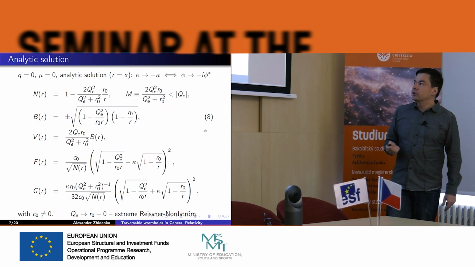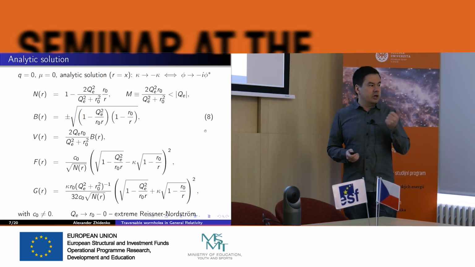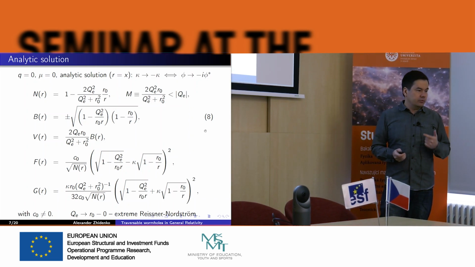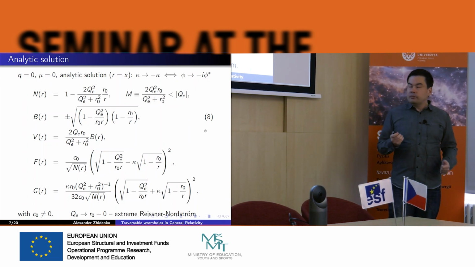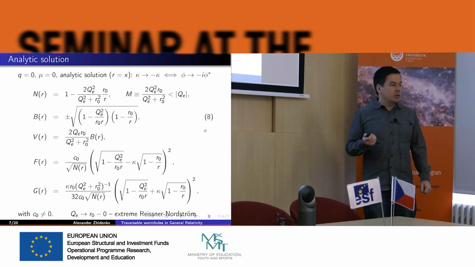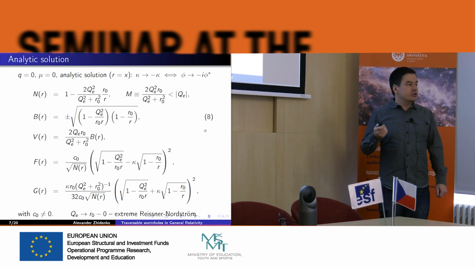So if we do this kind of match at the throat, we don't have now, like in the case of the simplest Darmouth-Solodukhin model, problems with the metric. It's continuous, and curvature is continuous.